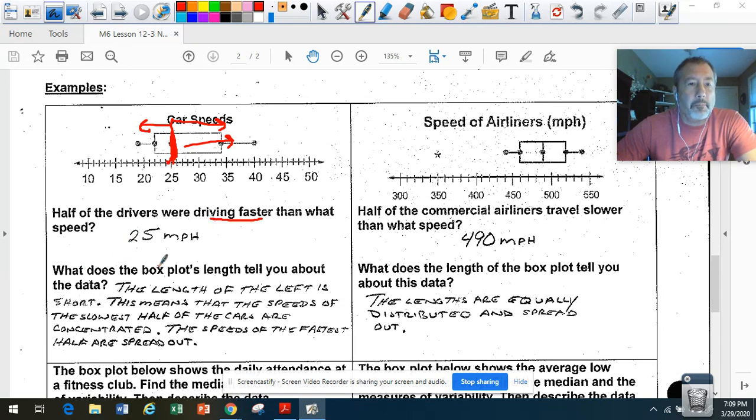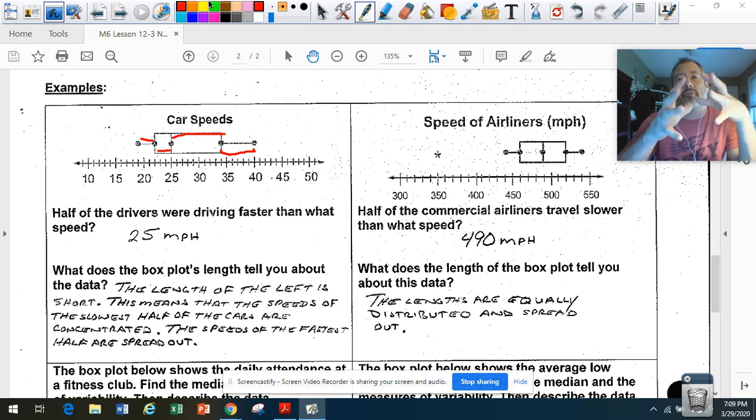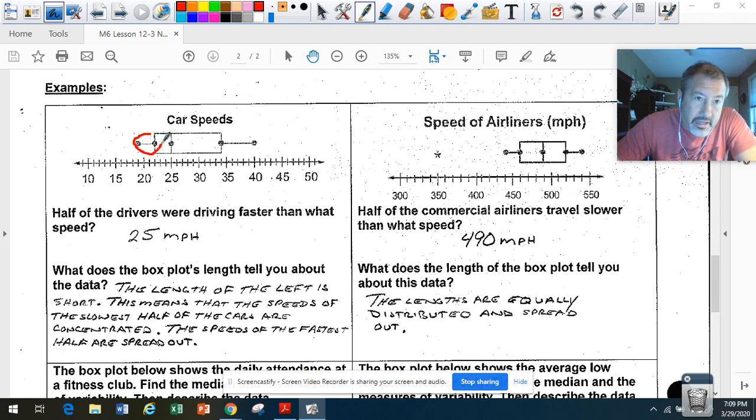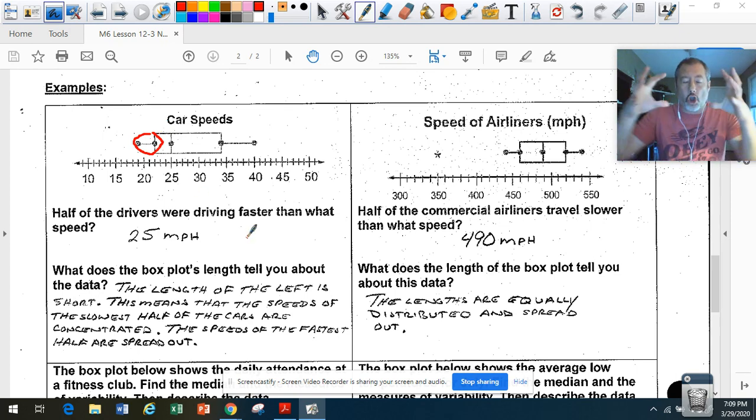It says, what does the box plot's length tell you about the data here? Now when they say the length, what are we saying? We're looking at this distance from here to here, this distance from here to here, and so on, because that tells us about the spread of our data. So it says the length of the left is short. This area here is short, which means the data is concentrated.